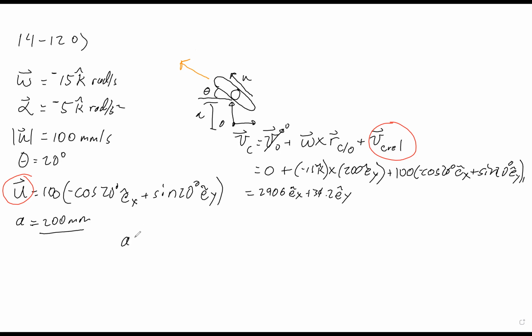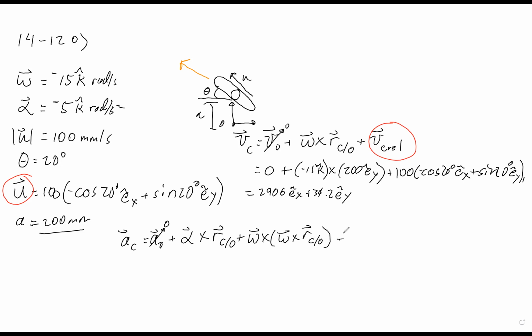So the acceleration vector of c is going to be equal to the acceleration of the origin, which is 0, plus the angular acceleration vector crossed with the r vector of c relative to O, which is not 0. Then we have the angular velocity crossed with the angular velocity crossed with the position of c relative to O, also non-zero.